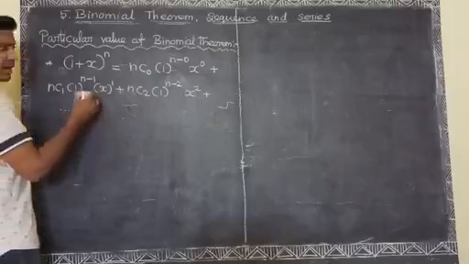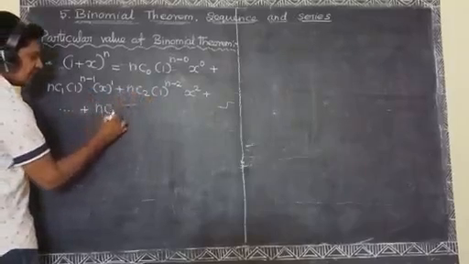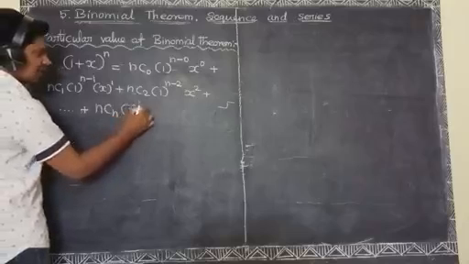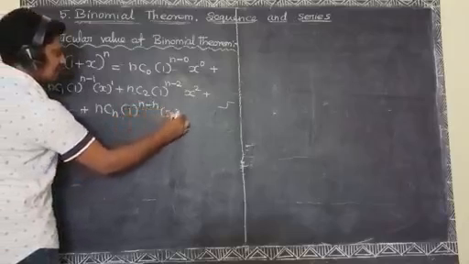Similarly the last term is ncn 1 power n minus n x power n.